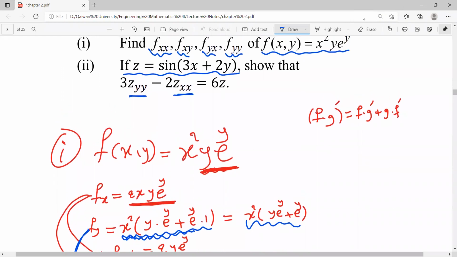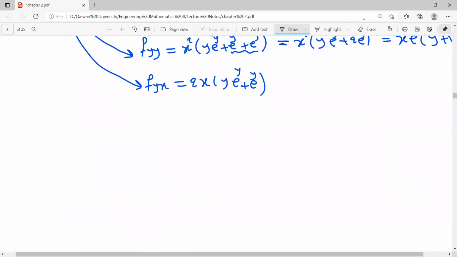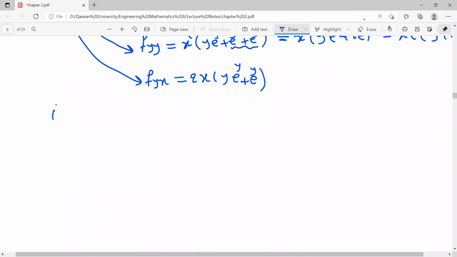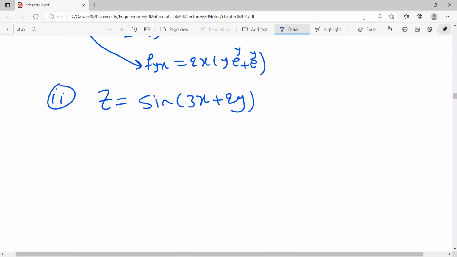As given, the function is z equals sine 3x plus 2y. We are going to find the first and second partial derivatives with respect to x and y.